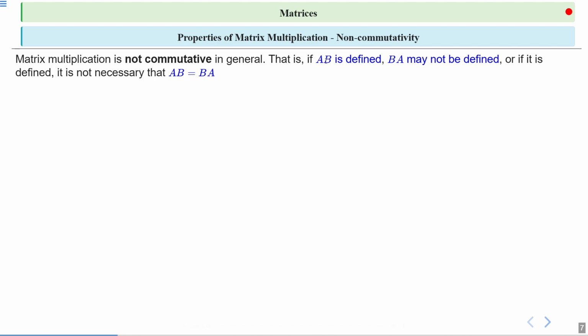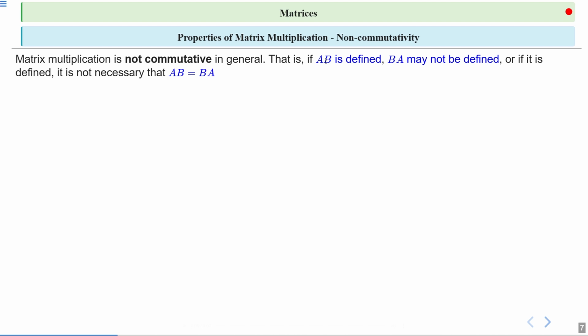Now today we are going to explore important properties of matrix multiplication. It's crucial to understand that matrix multiplication is not commutative, right? This means that even if the product of two matrices A and B is defined as AB, the reverse product BA might not be defined, or if it is defined, it doesn't necessarily equal AB, right?